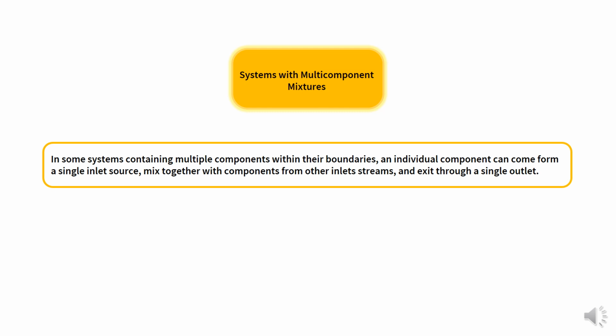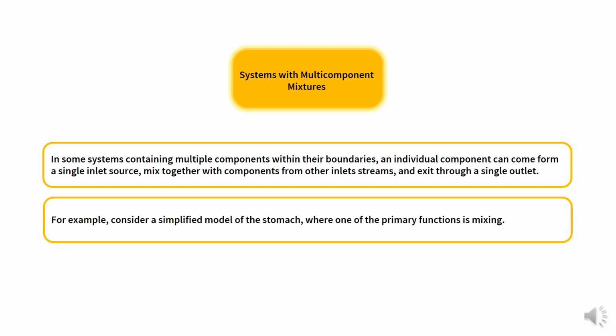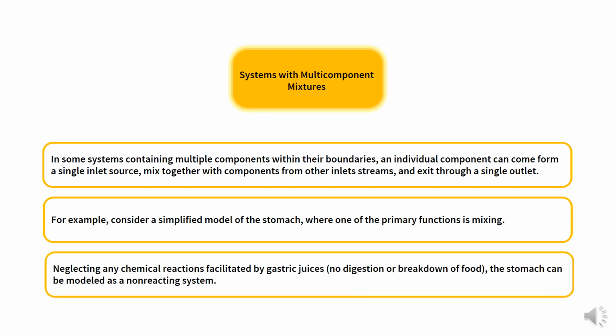In some systems containing multiple components within their boundaries, an individual component can come from a single inlet source, mix together with components from other inlet streams, and exit through a single outlet. For example, consider a simplified model of the stomach, where one of the primary functions is mixing. Neglecting any chemical reaction facilitated by gastric juice, with no digestion or breakdown of food, the stomach can be modeled as a non-reacting system.